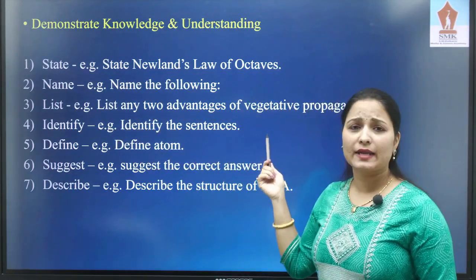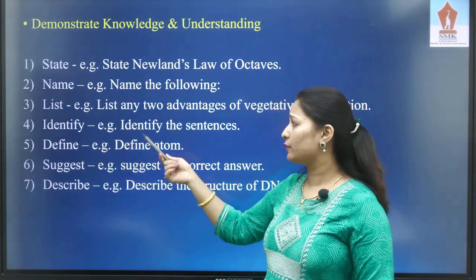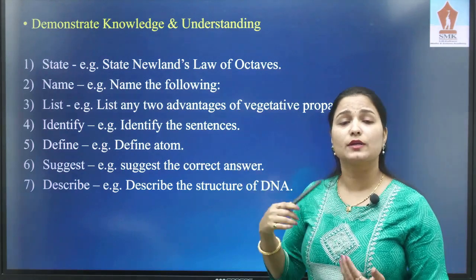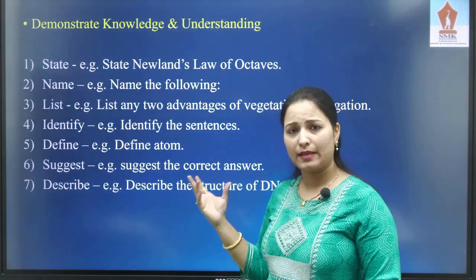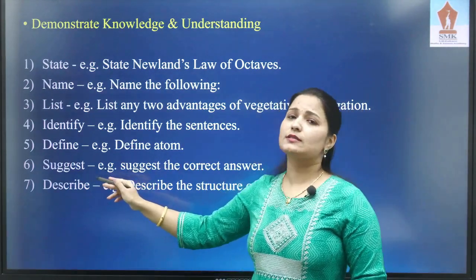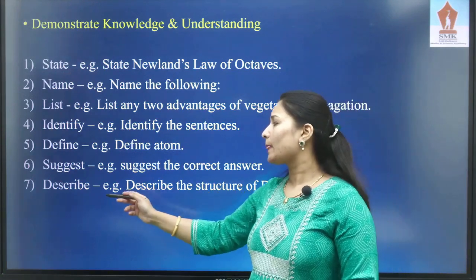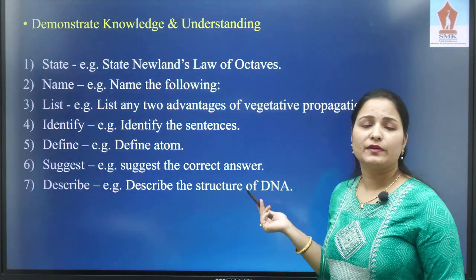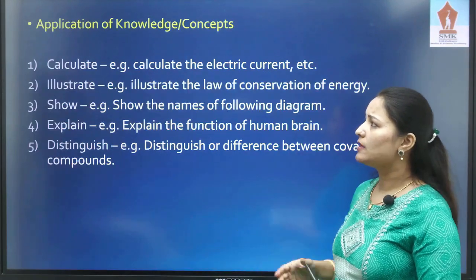List any advantages or disadvantages kinds of questions will be there. Identification questions will also be there, identifying sentences. Definitions can be asked in the same section. Suggestions can also be asked in descriptive questions only for 2 marks. And again, describe the structure of DNA kind of question, all descriptive questions will be in this demonstrative kind.